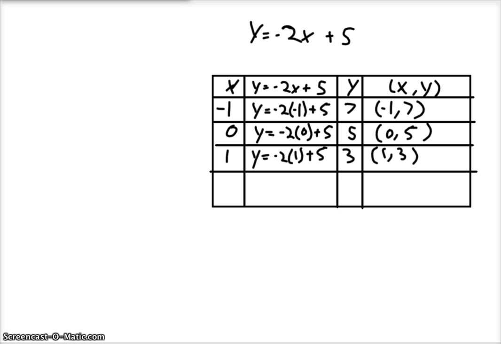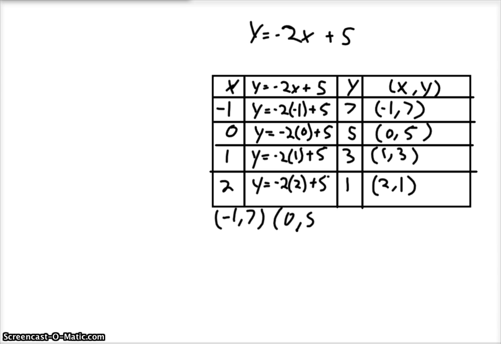And we will go with 2. y equals negative 2 times 2 plus 5. So I have negative 4 plus 5, which leaves me with positive 1. So I have 2 comma 1. So my ordered pairs would be negative 1 comma 7, 0 comma 5, 1 comma 3, and 2 comma 1.